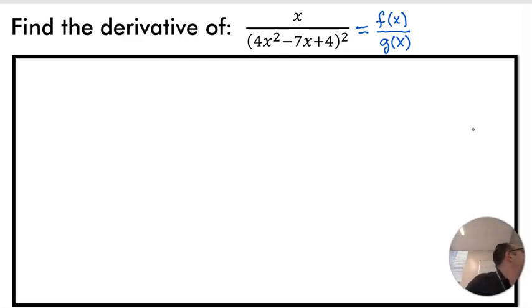But when you look at that g of x, that's something that we're going to have to use the product rule on to take the derivative. So we'll have to do the product rule within the quotient rule.